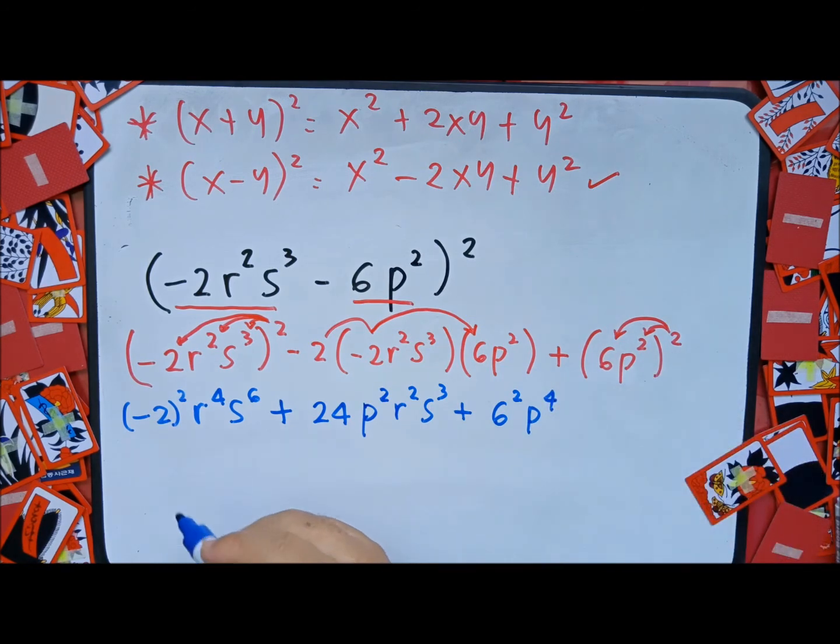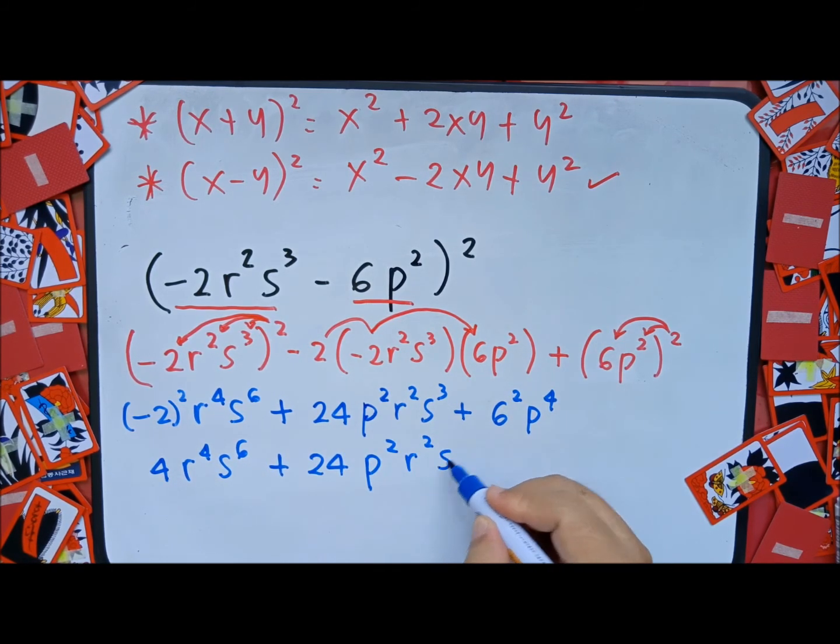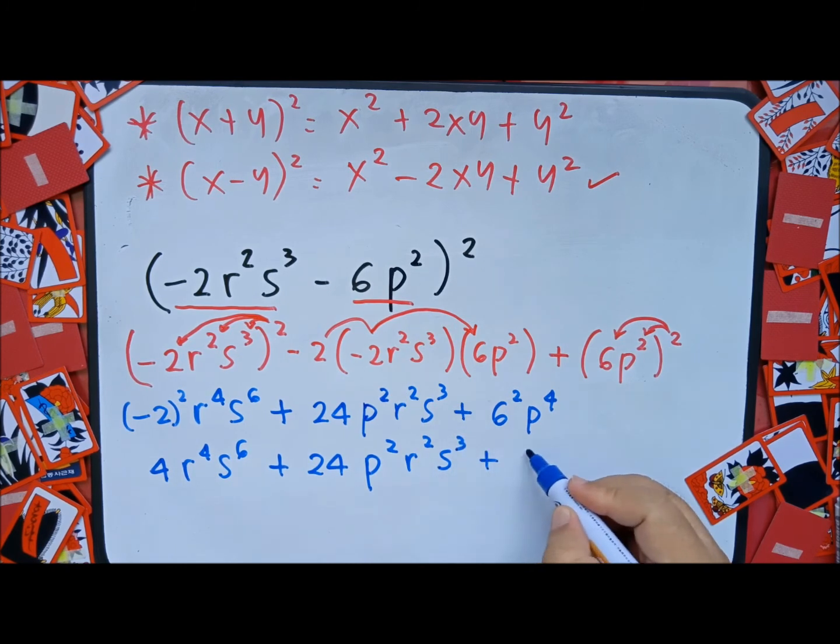This will become 4. Now, simplify. Negative 2 times negative 2 will become 4, positive. R to the 4th power, S to the 6th power, plus 24 p squared, r squared, s cubed, plus 6.